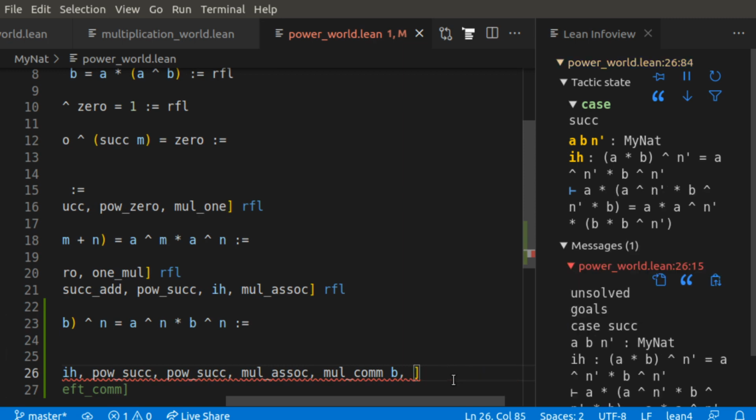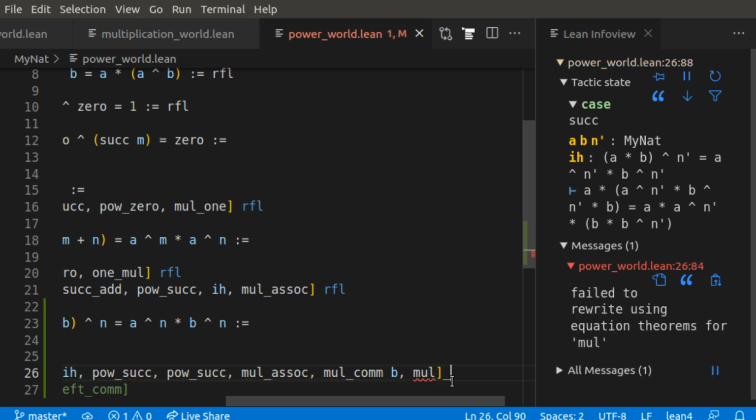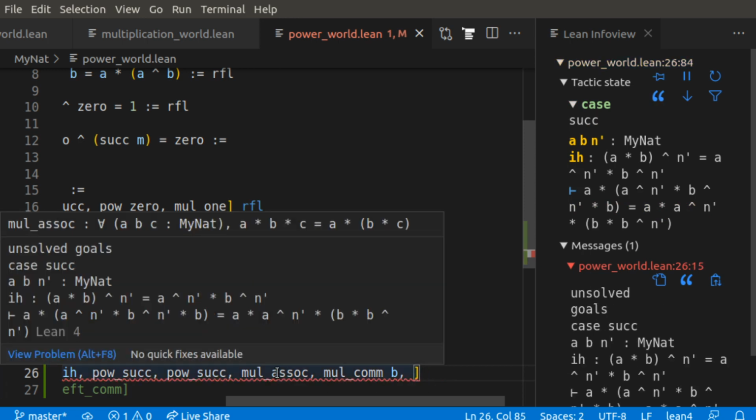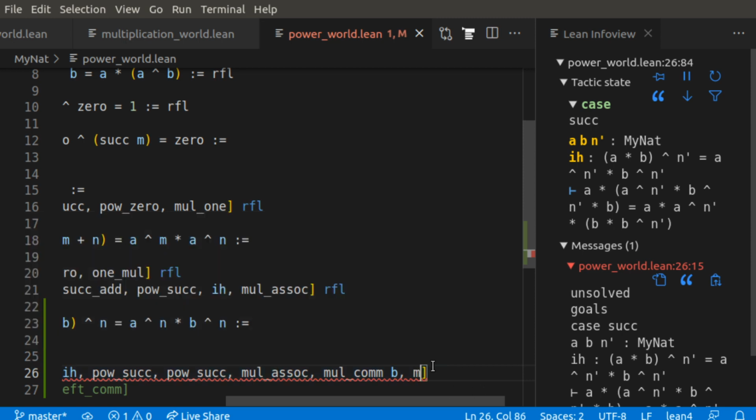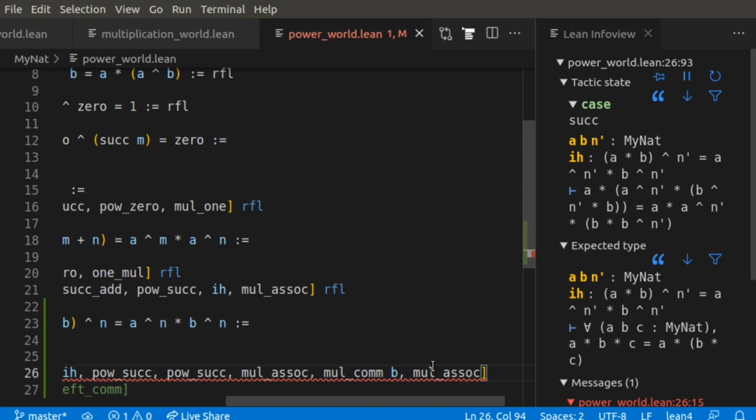Nope. We just want to move the parentheses, so mul_assoc. What does mul_assoc do again? That goes a times b times c to a times (b times c). Okay, yeah, we want to do this one on a to the power of n prime. Associative. Nice.